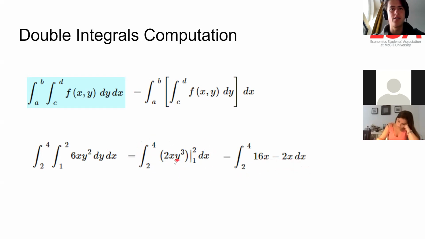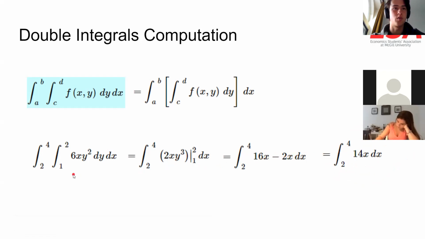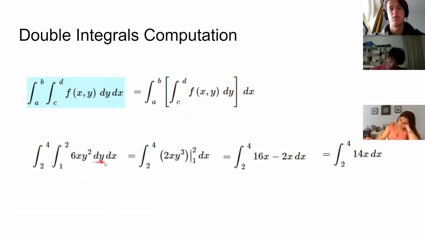So by plugging in the values, we get 2 to the third, which is 8 times 2, 16x, minus 2 times 1 to the third, which is 2x, ends up giving 14x. Moving on at that point, we'll integrate this one again, just like a simple integral, as we did for the inner integral here.